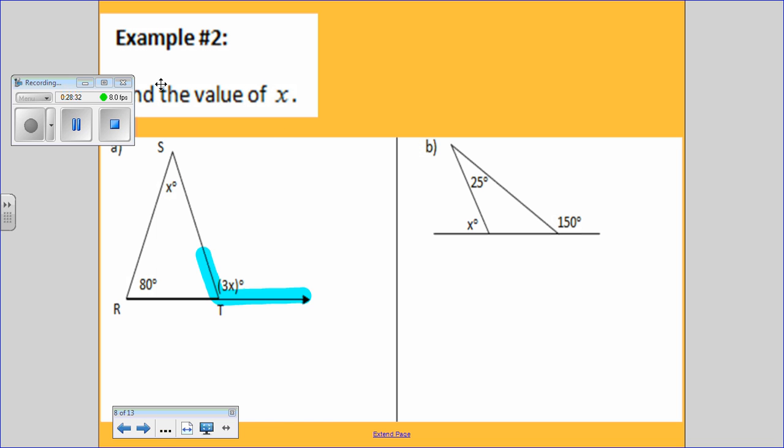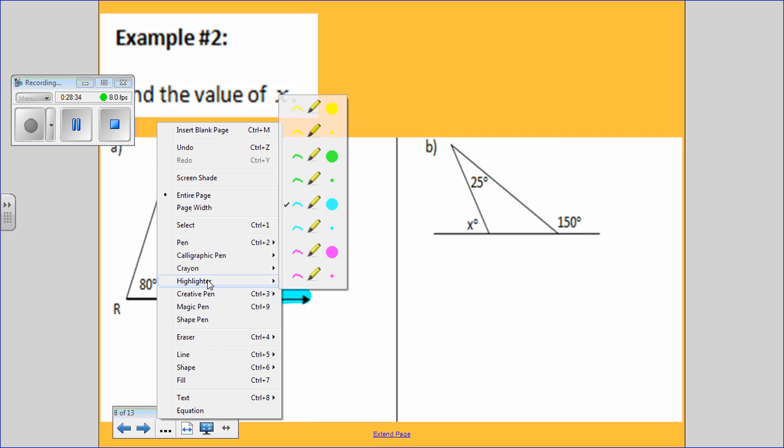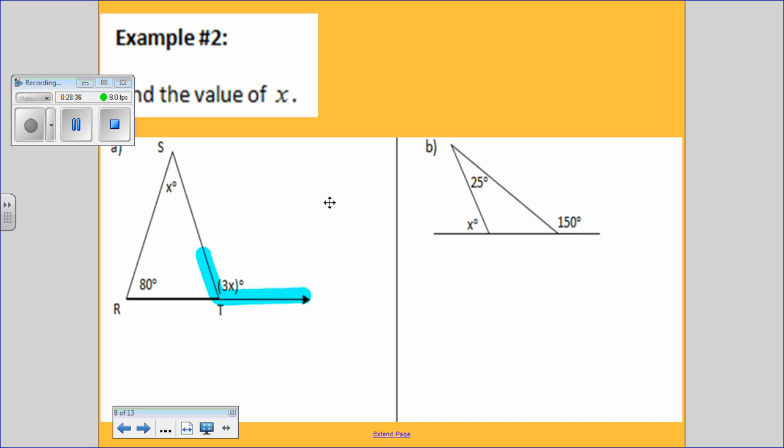Now, the exterior angle theorem says that the exterior angle is equal to the sum of the non-adjacent interior angles.